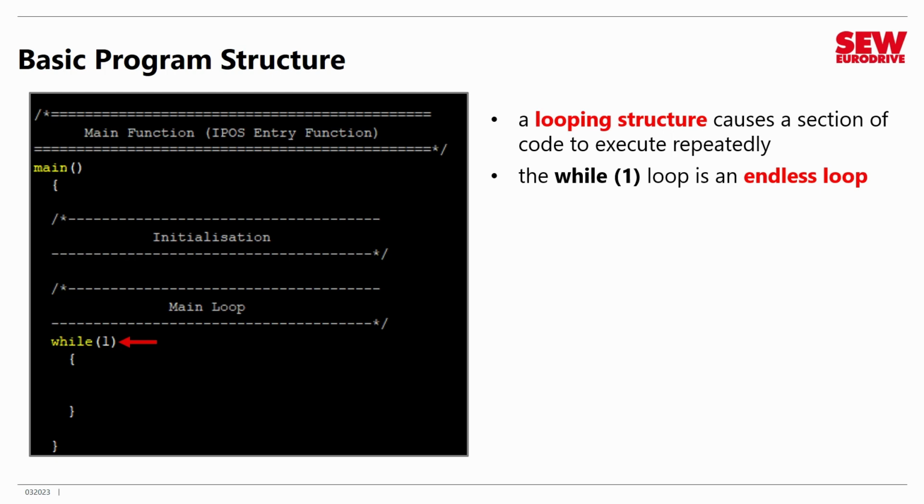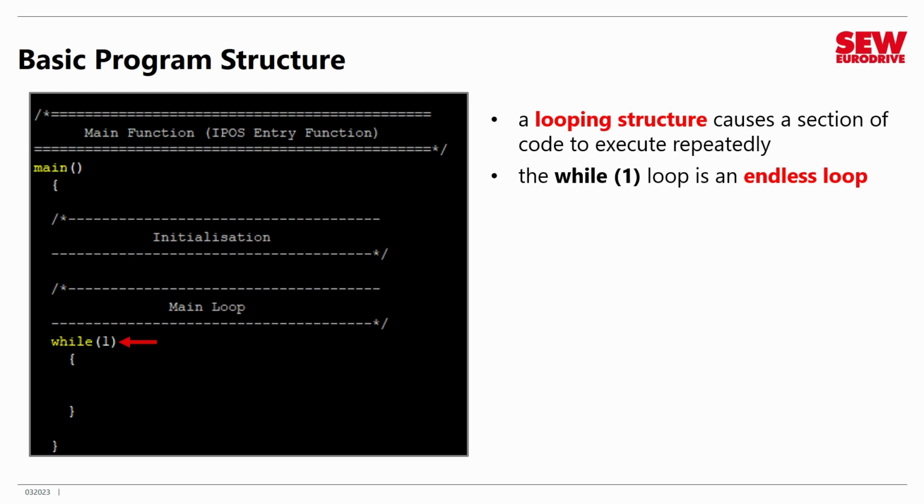This is what is called an endless loop, meaning it executes over and over and over and it never stops. So what will happen is main will start up, it'll execute all the code in the curly braces starting at the beginning, and then it'll come to that while one loop, and from that point on, everything in the while loop will execute over and over and over, but nothing else will.